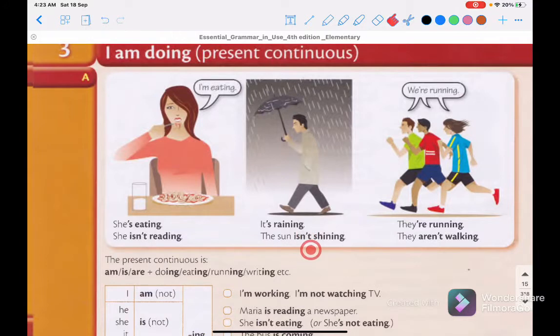The sun is not shining, it is raining. And here they are running. They aren't walking, but they are running. So, this girl is eating now. At the moment she is eating. And now it is raining. And now they are running.